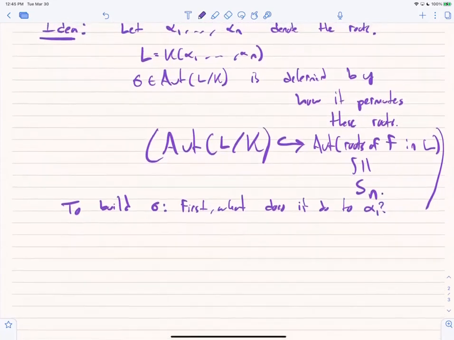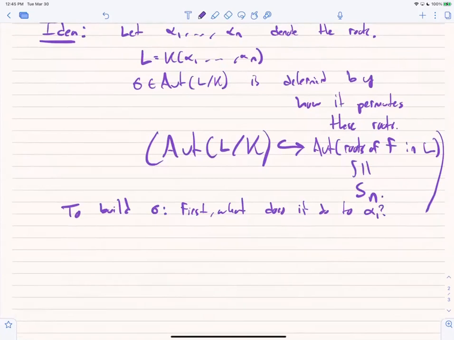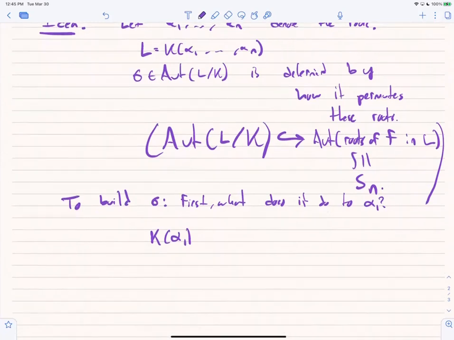Okay, so let's try. We can just look at K(alpha 1), which is inside of L, and we want to see where an automorphism can send this root. In particular, let's forget about giving an automorphism of all of L at the start.